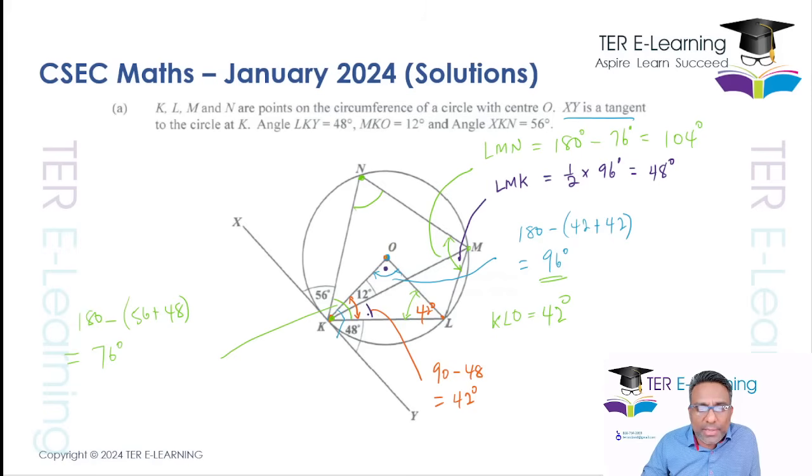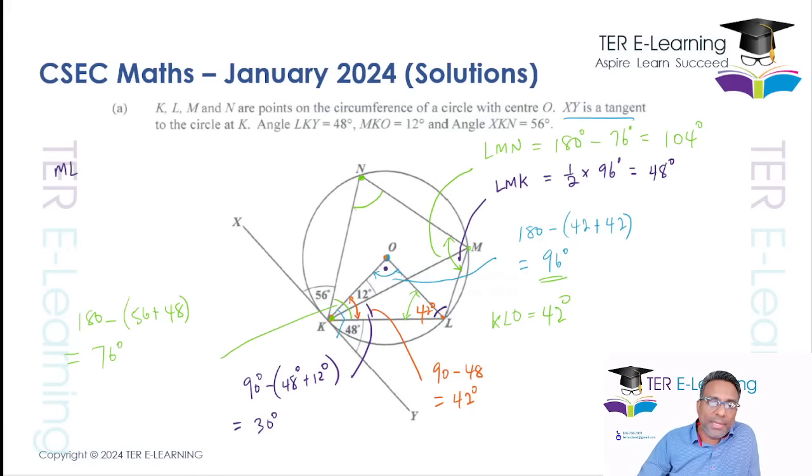So this small angle here is actually, make sure I'm saying this correct, it's going to be 90 minus 48 plus 12. So that's going to be 30 degrees. Now remember what we're trying to do here, we're trying to work out MLK.